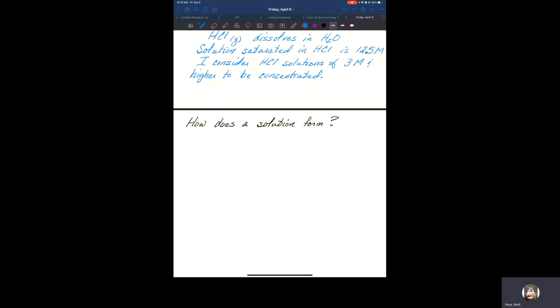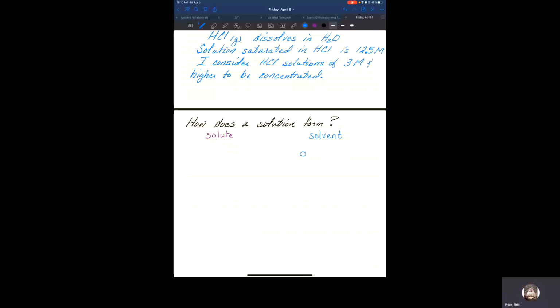If I think about what happens when a solution forms, I've got a solute and then I have a solvent. My solvent molecules, and we're going to work on liquid.